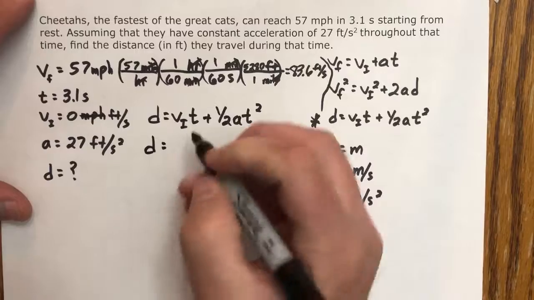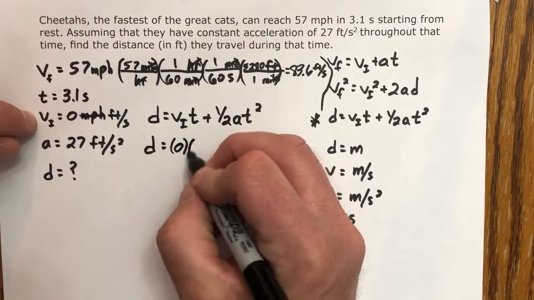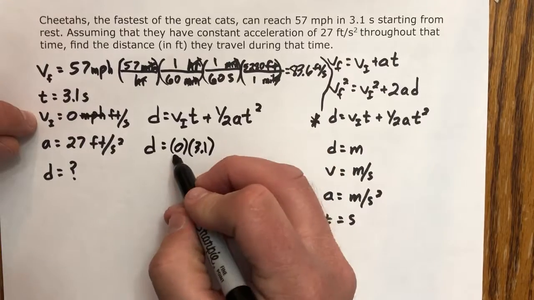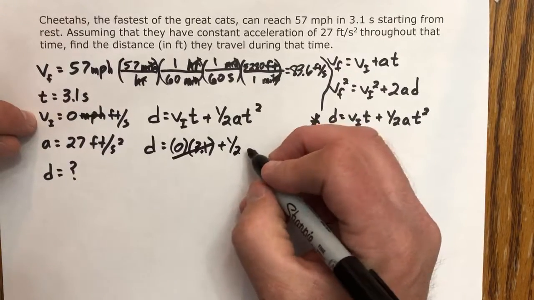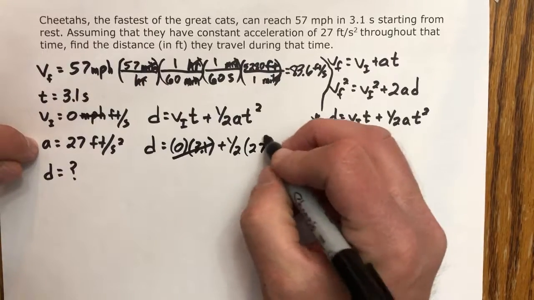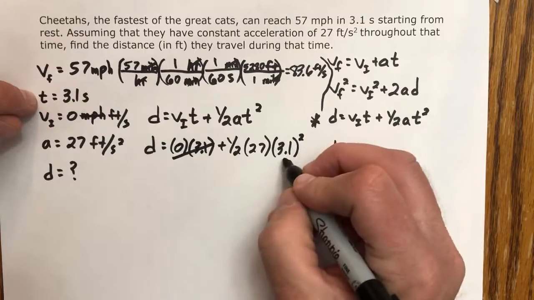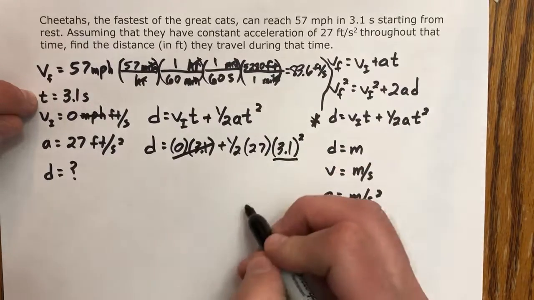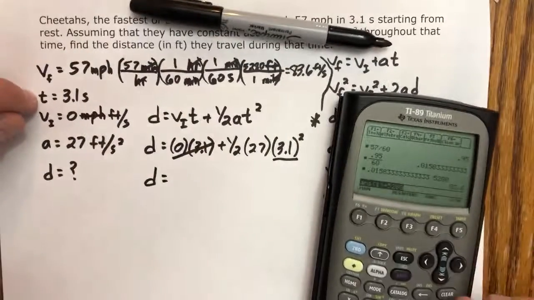I highly recommend that you do that. So our displacement is VI is 0. Our T is 3.1. 0 times anything is 0. Plus 1/2. A, what's my A? 27. Times time squared, what's my time? 3.1. And it's just the time squared, not the whole thing squared, just the time is squared. So now we're going to plug into my calculator and see what we get here.